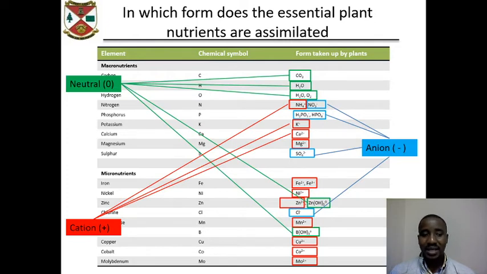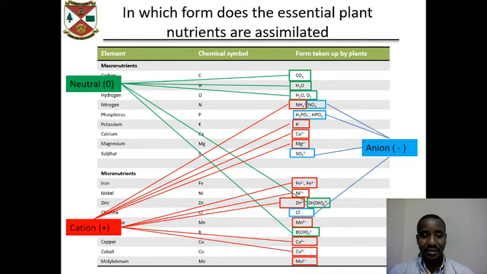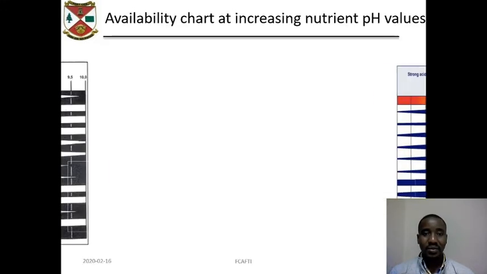Calcium will be taken up by plants as calcium cation. Magnesium, iron, and all these things. I think you see now what I want to teach you.